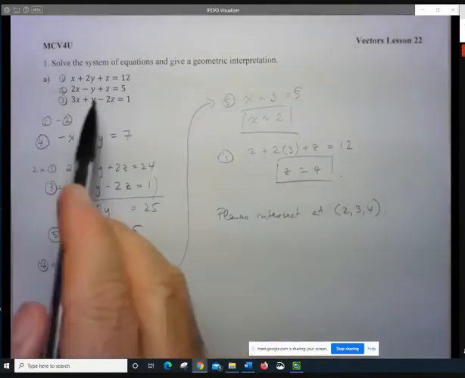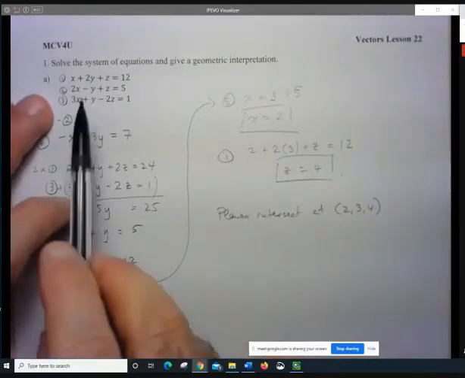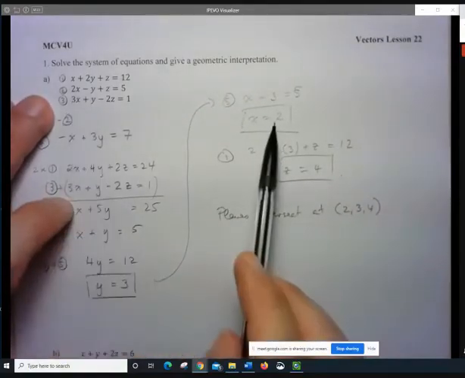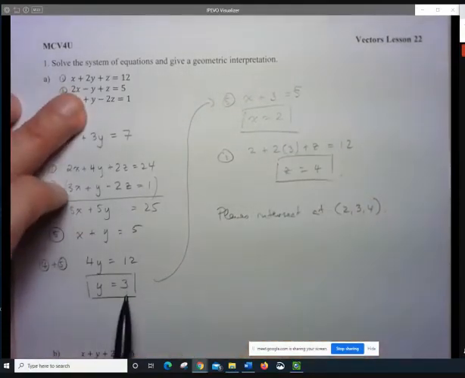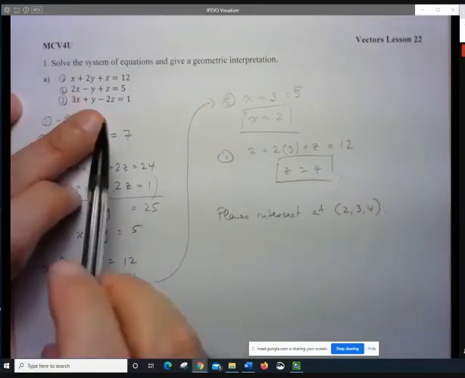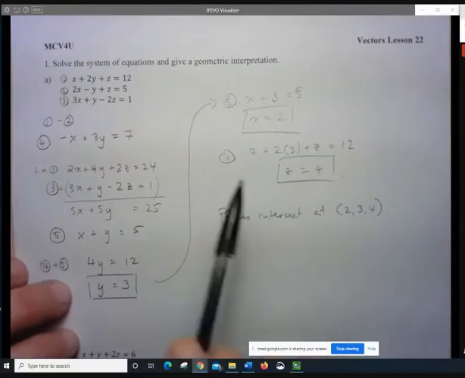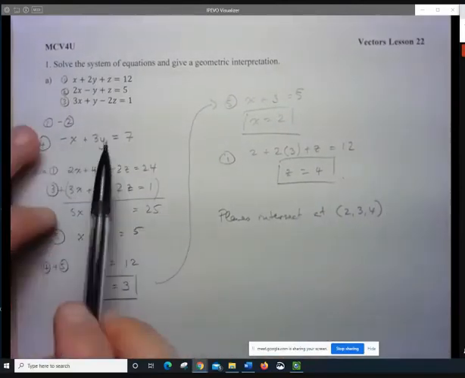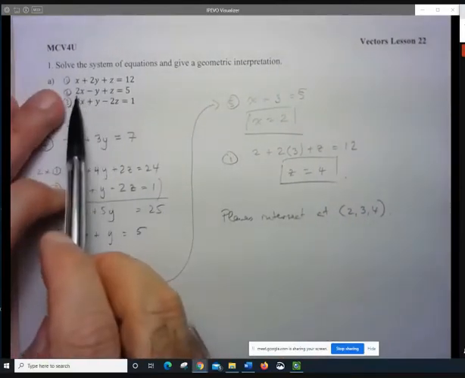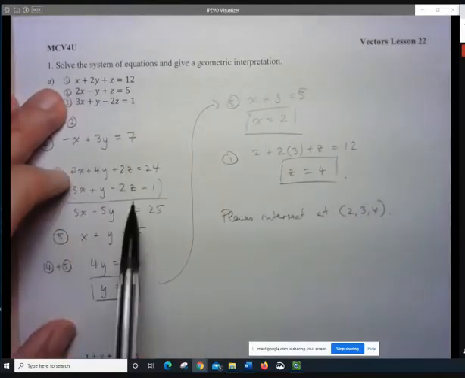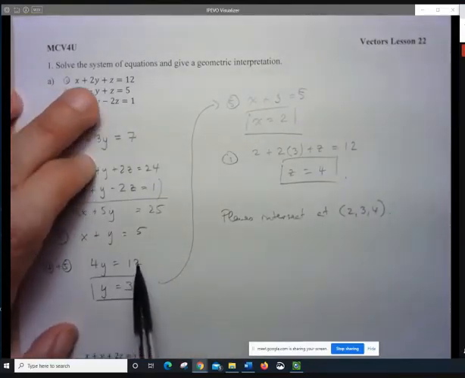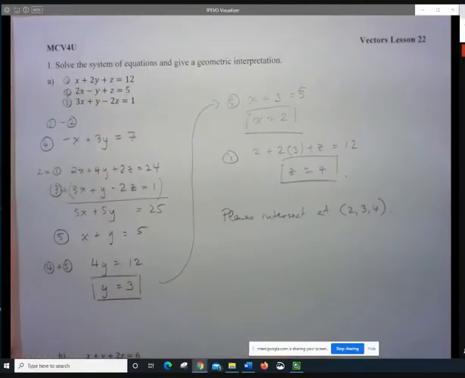Let's check equation 3. That's the more complex one. So let's see, 3 times 2 is 6, plus 3 is 9, minus 2 times 4 is 8, is equal to 1. So 2, 3, 4 is definitely on that plane. And let's do number 2. 2 times 2 is 4, minus 3 is 1, plus 4 is equal to 5.